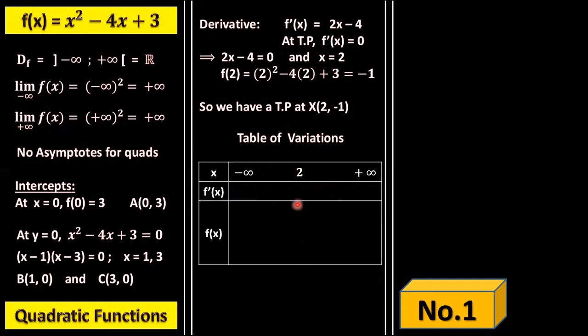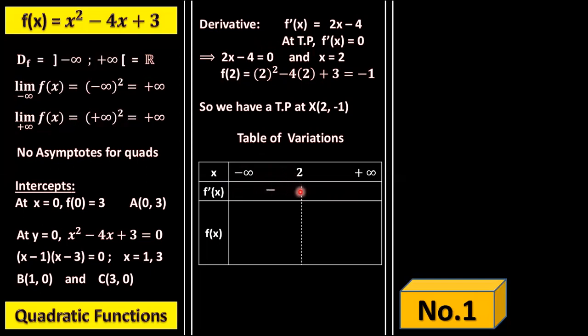But since this is a turning point, I'm going to use broken lines here. Okay. So from -infinity to 2, we can use 0, for example, in this gradient function. If we substitute 0 here, we are going to have 2 times 0 minus 4. That gives us a negative number. This therefore means that in this region of x from -infinity to 2, the curve is decreasing.